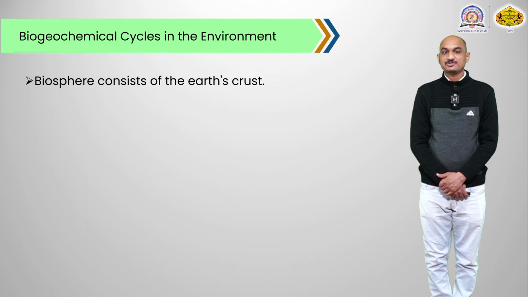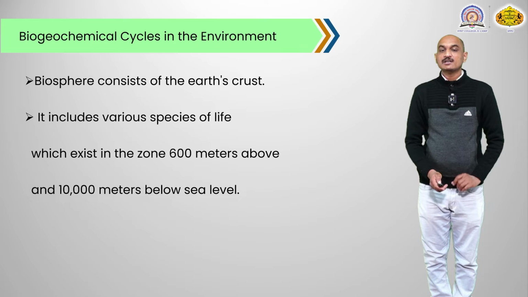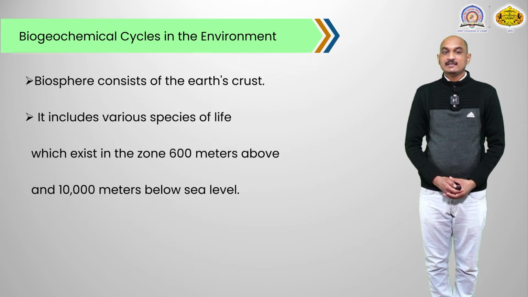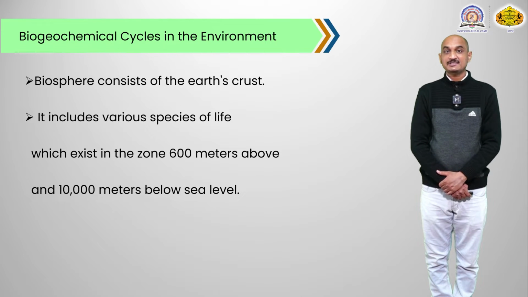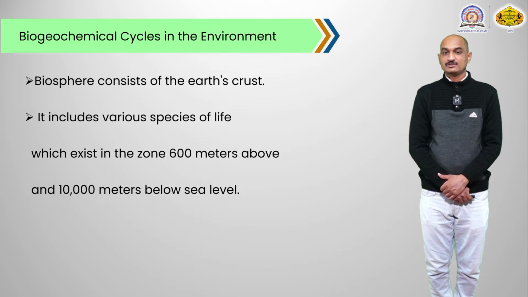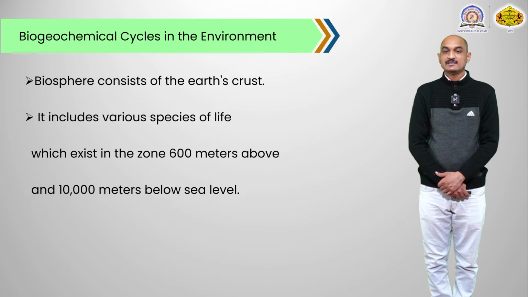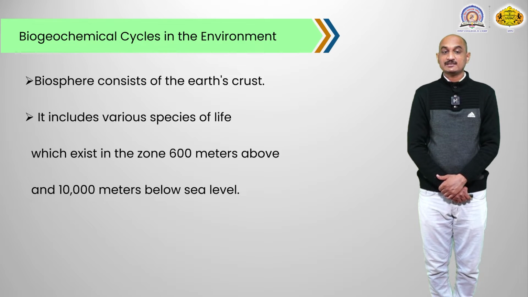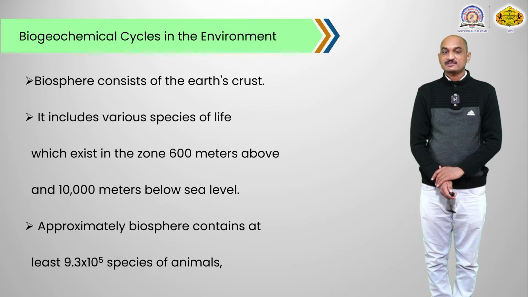We know that the biosphere consists of the earth crust and it includes various species of life which exist in the zone that is 600 meters above and 10,000 meters below sea level.